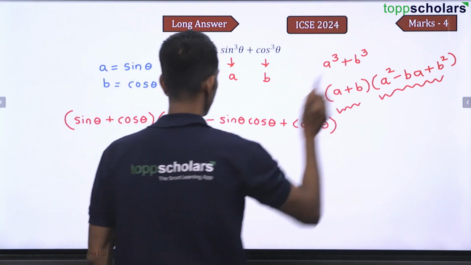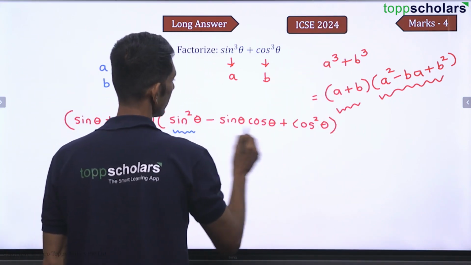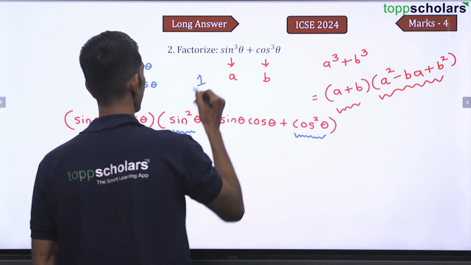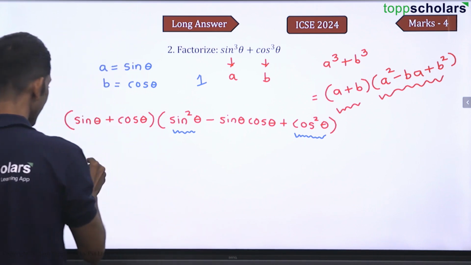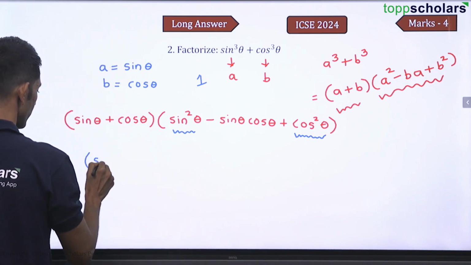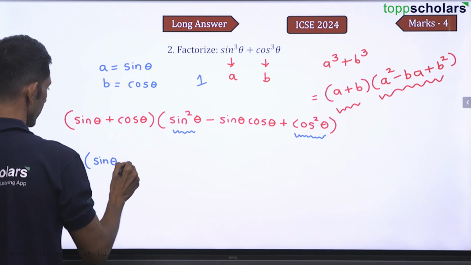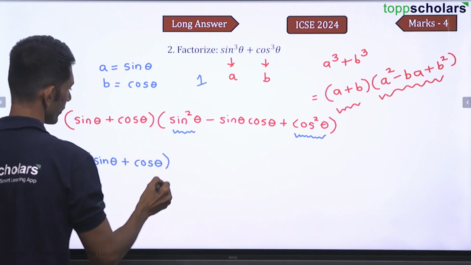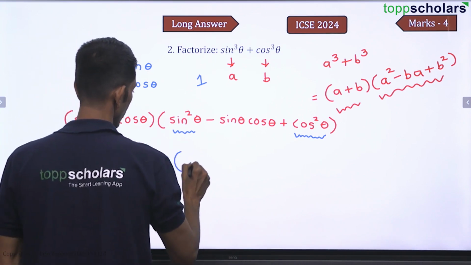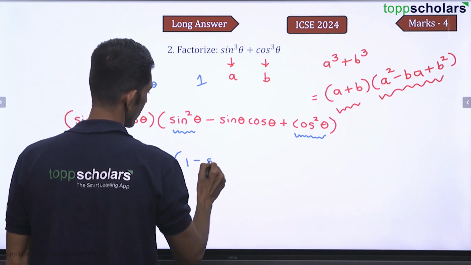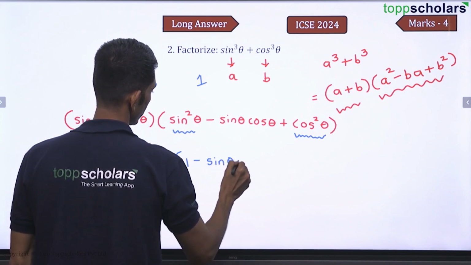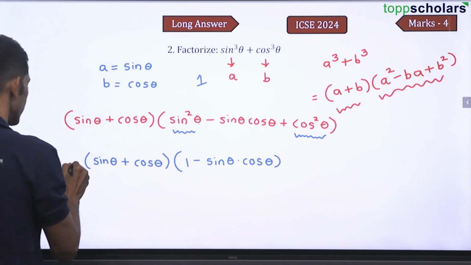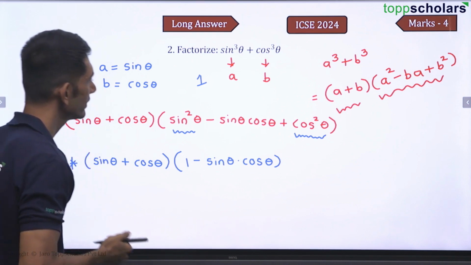Now already here you have sine square theta plus cos square theta. How much is sine square theta plus cos square theta? That is 1. So can I write this as sine theta plus cos theta into 1 minus sine theta into cos theta. So we have factorized. The factorization part is done.